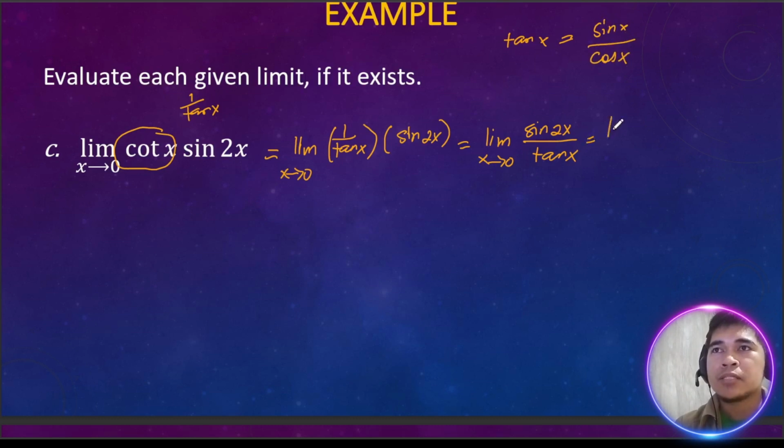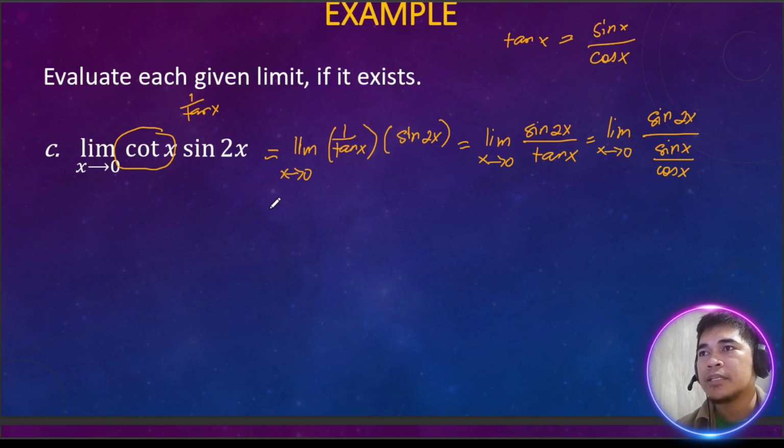So equals limit of sine 2x over sine x over cosine x as x approaches 0. Next, equals limit of sine 2x over sine x times 1 over cosine x. So, pwede rin nato na siya separate, di ba?